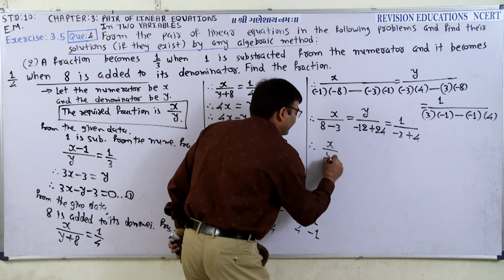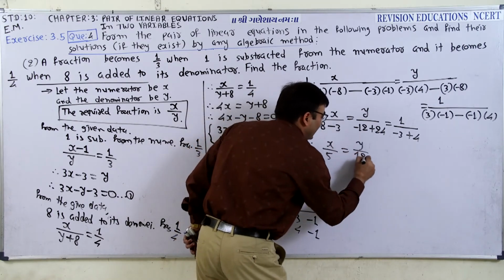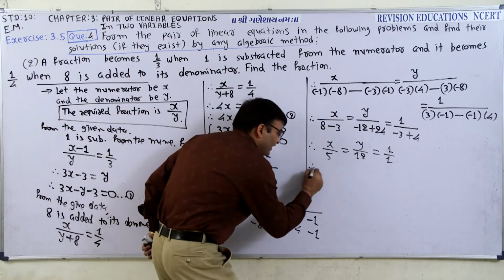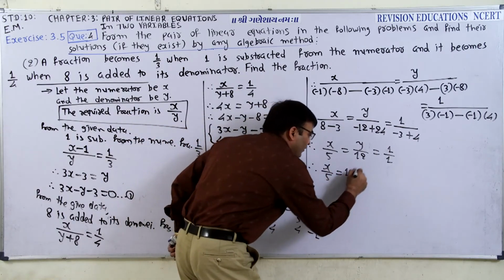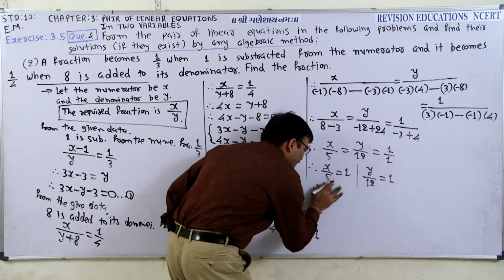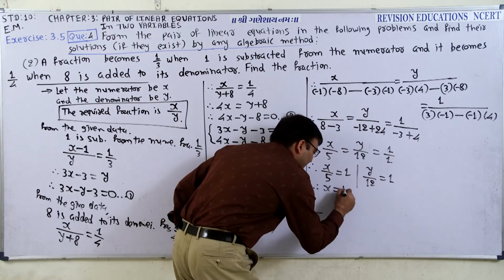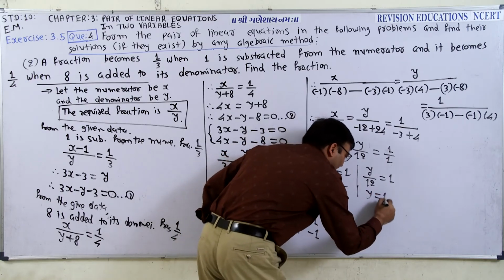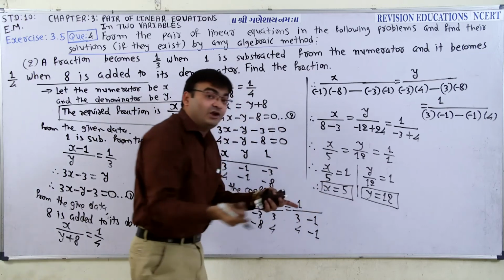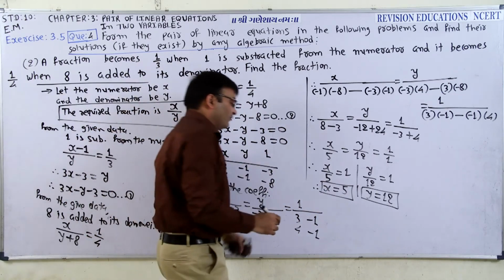So we got here x upon 5, y upon 12, and here 1 upon 1. X upon 5 is equal to 1 and y upon 12 is equal to 1. So x is equal to 5 and y is equal to 12. We got the values of x and y.